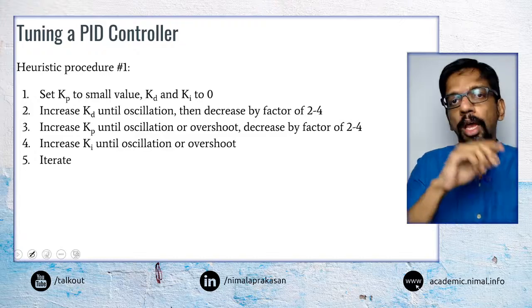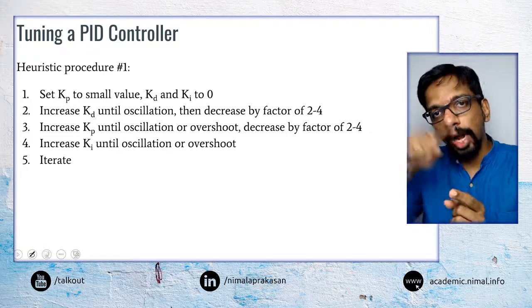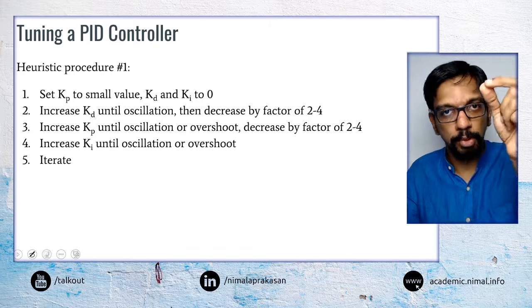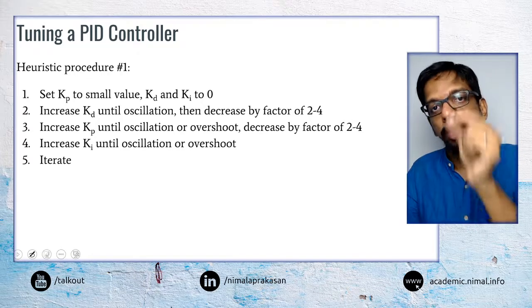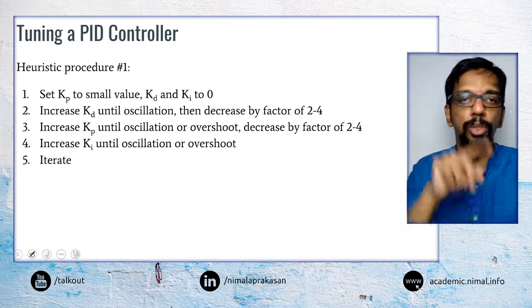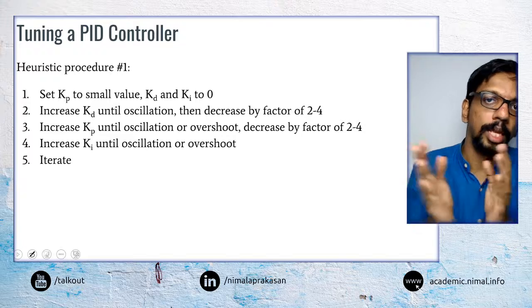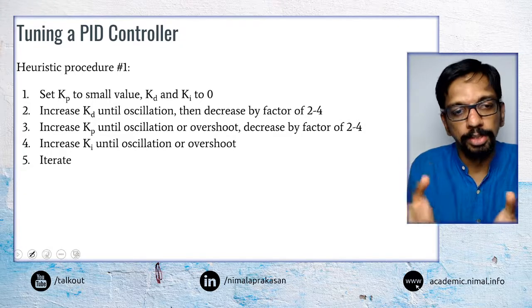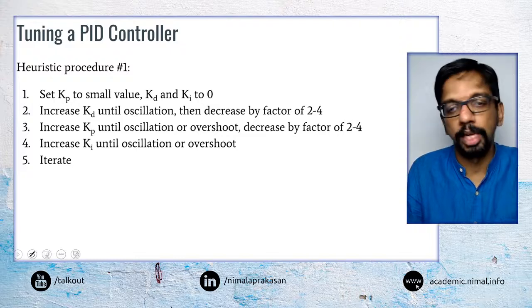So again we are going one after the other, changing these K values, increasing, and when it is a problematic thing, we bring it down. So likewise we go through this loop, and at some point we can achieve a fairly stable system. But this is a fairly heuristic, manual approach that we can take.